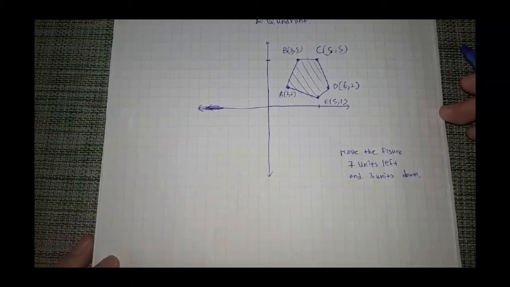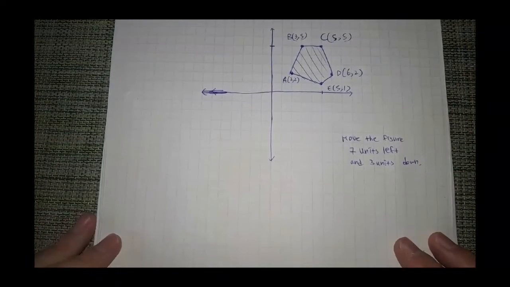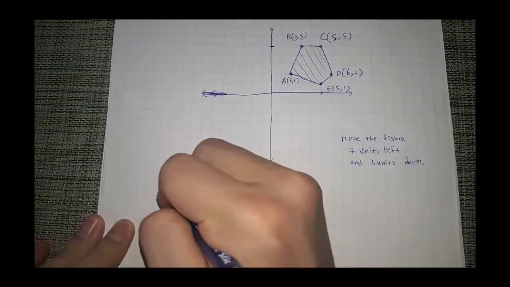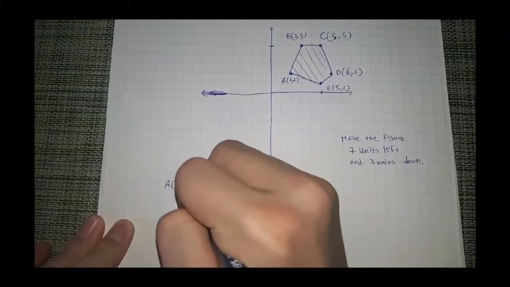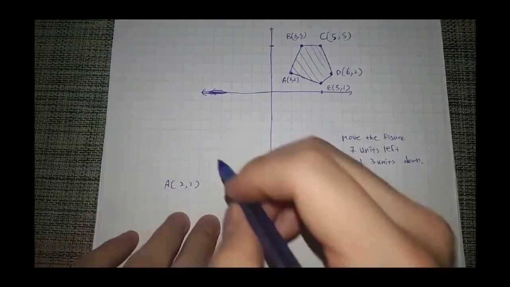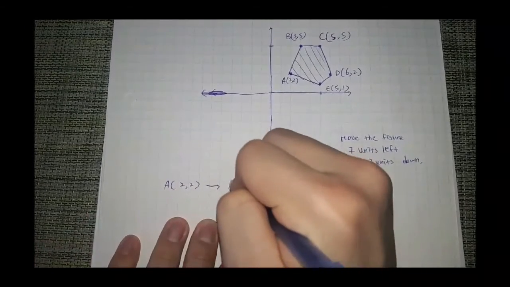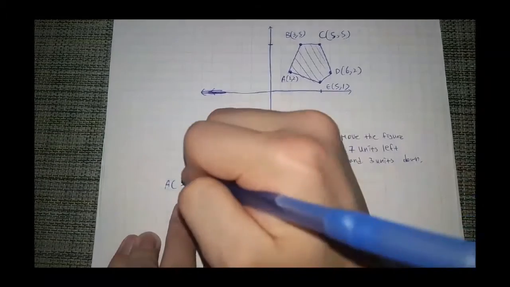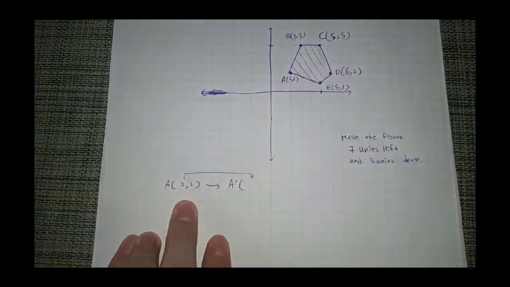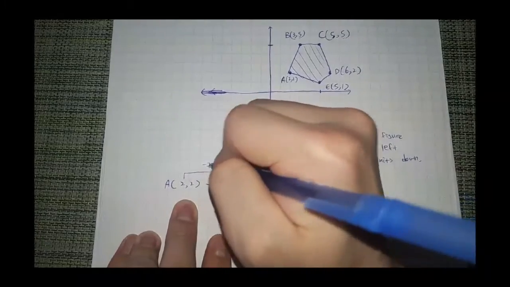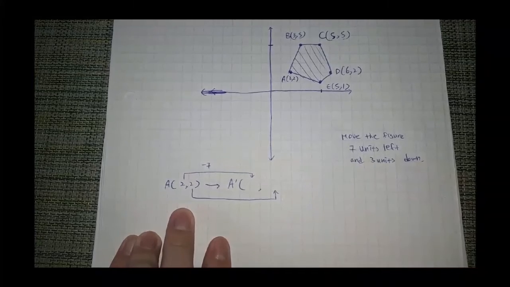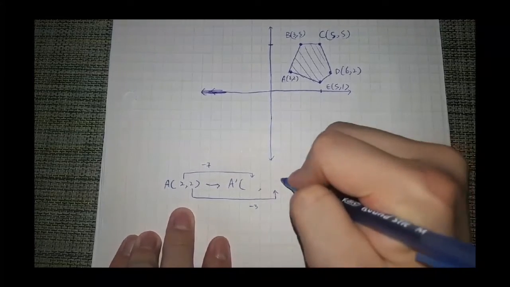We can actually predict this without doing the bunny hop method. What I mean by that is this. A's coordinate is 2, 2. If you want to figure out the new position of A, it says 7 units left, that's minus 7, and 3 units down, which is minus 3.